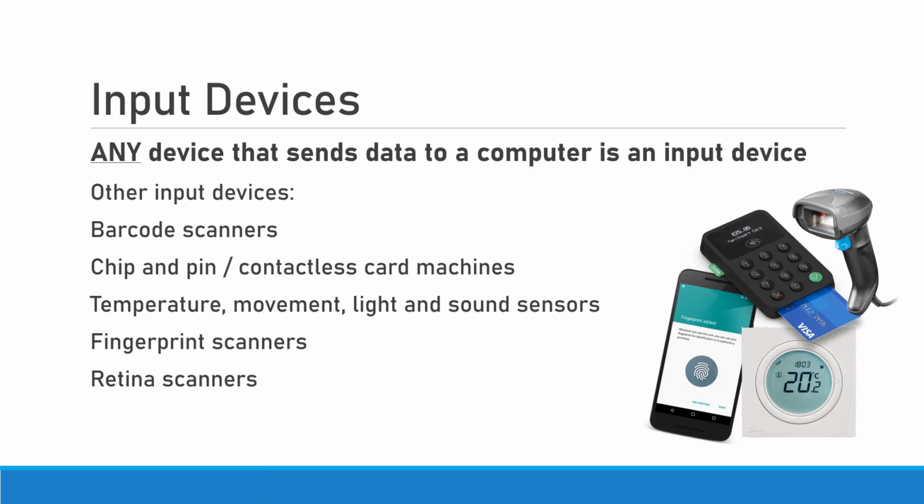An input device can be any device that sends data to a computer to do something with. Other more nuanced examples are fingerprint scanners, card readers, barcode scanners, and even thermostats.